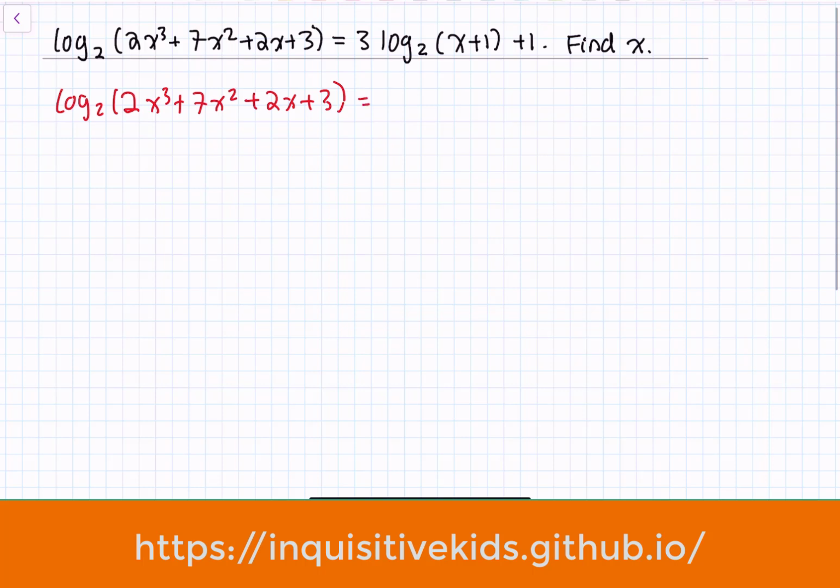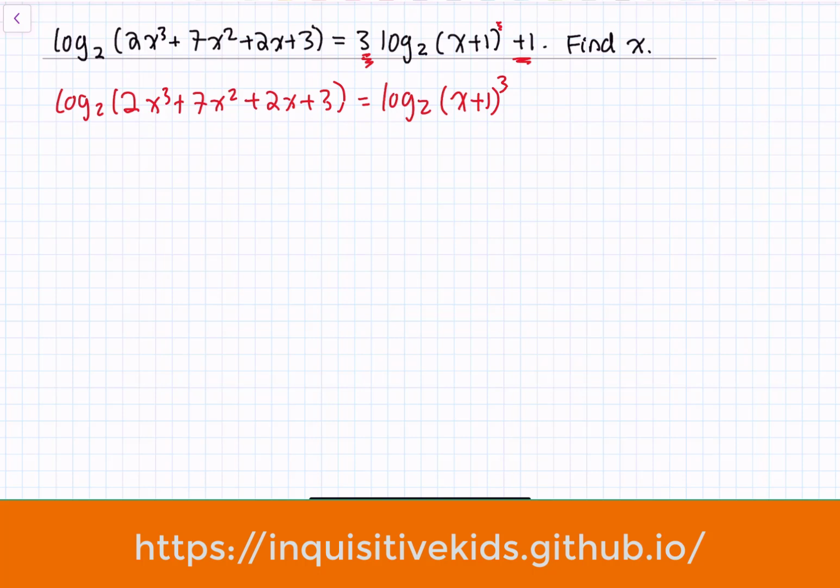First, I see that we can turn this 3 times log base 2 of (x plus 1) into log base 2 of (x plus 1) cubed, because we can change this coefficient into the exponent, plus 1. And this plus 1 here is kind of annoying, isn't it? How can we turn it into a format that's consistent with all of the other terms?